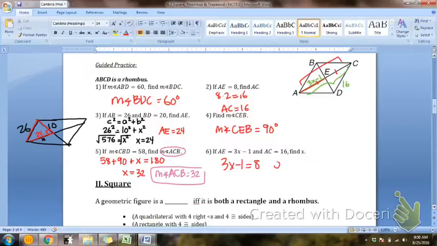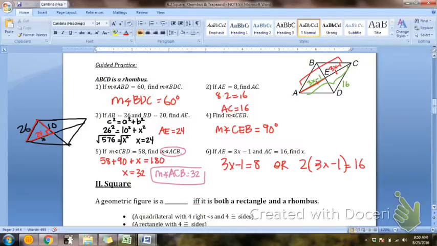What's another way you could say this? Any ideas? I did 2 times 3x minus 1. Okay, so Elena's saying that this is also 3x minus 1, so she's adding 3x minus 1 plus 3x minus 1 equals 16, which is also the same. 2 times 3x minus 1, wow, equals 16. Okay, either one of these will work.